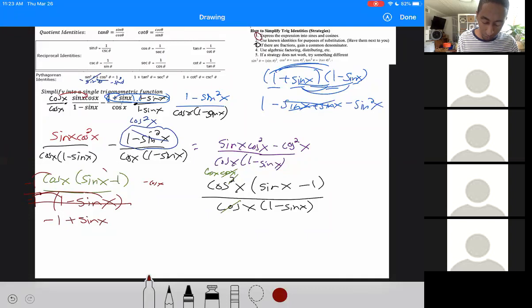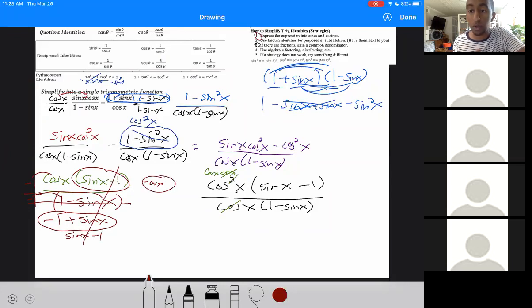And then sine of x minus 1, and -1 plus sine of x is the same thing, because if we rewrite this, it'll be sine of x minus 1, right? Yeah. So those cross out, and that's all we're left with. Or we can do the way Natalia said, we could divide by -1, factor that out. You would end up with the same thing. Does that clarify? Did that clarify for you, Anna? Yes. Okay, other questions?